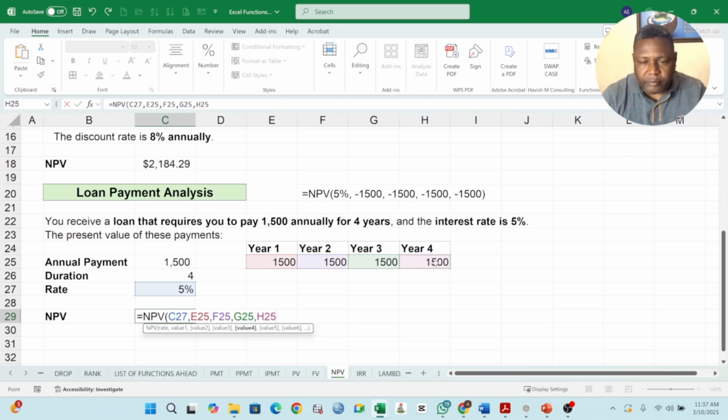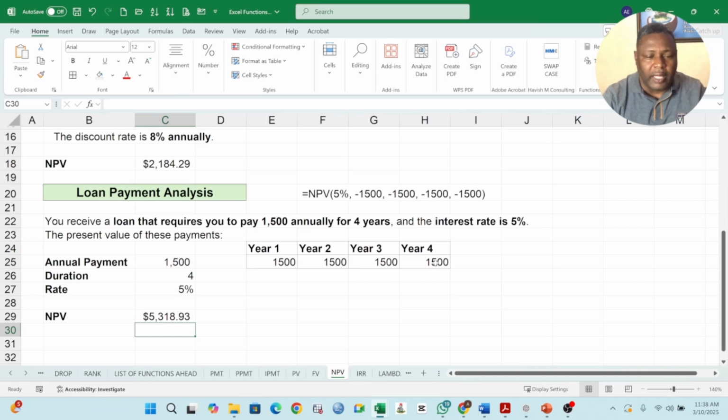Okay, so then you just go that. So this is what the present value of this loan will be. If you pay this amount annually for 4 years at this interest rate, that's what you get.